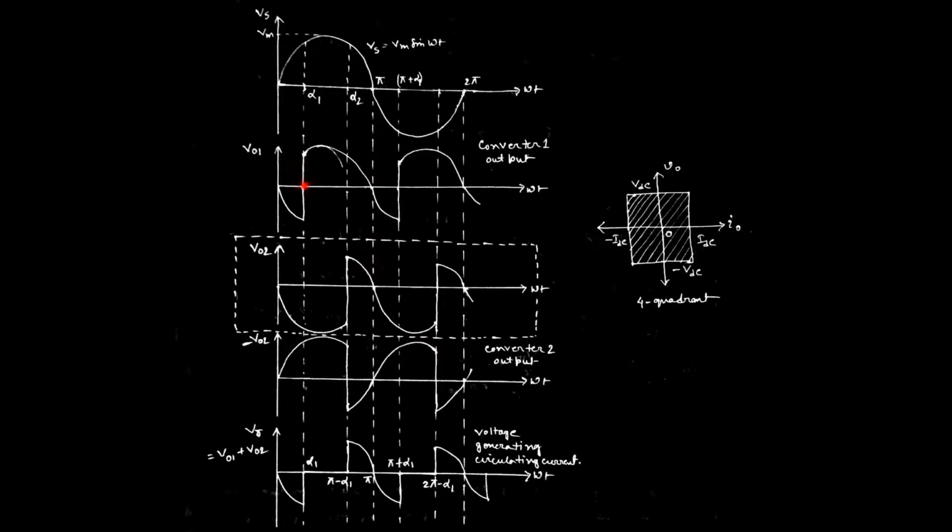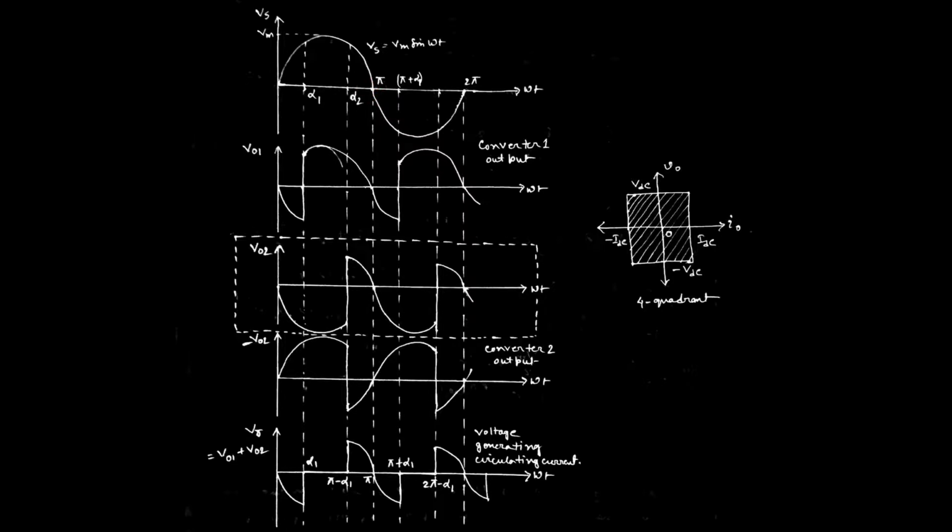When the thyristors are fired, the output voltage follows the input voltage, and the nature of the output voltage is similar to the supply voltage up to the point of alpha. After that, up to the point of pi.